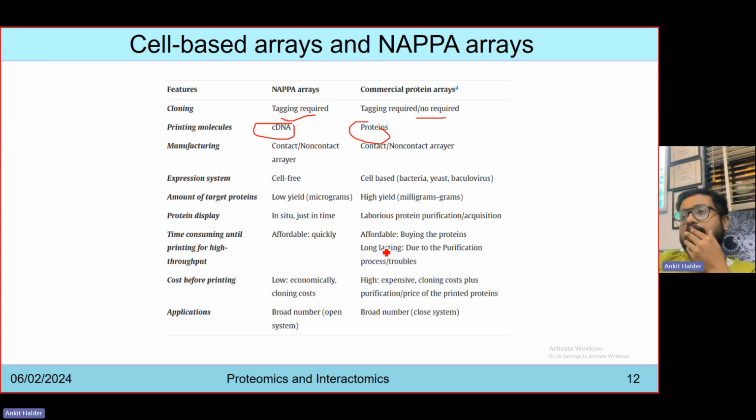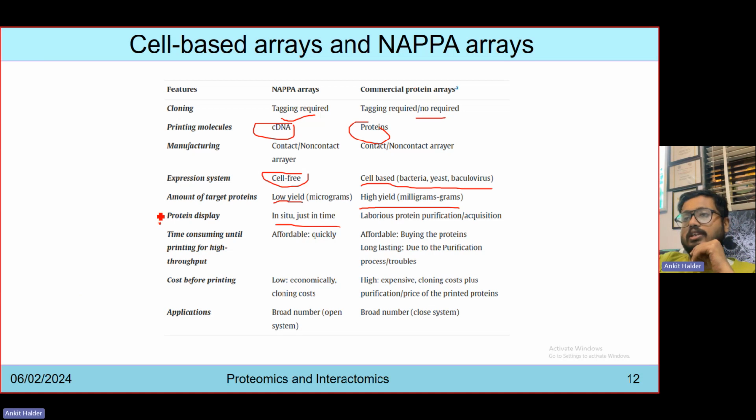The expression system is cell-free. NAPA uses cell-free expression systems, whereas the cell-based approach uses bacteria, yeast, virus, etc. The yield of target proteins is low, in micrograms, whereas others have high yield, in milligrams to grams. Protein display is in situ, that is, just in time.